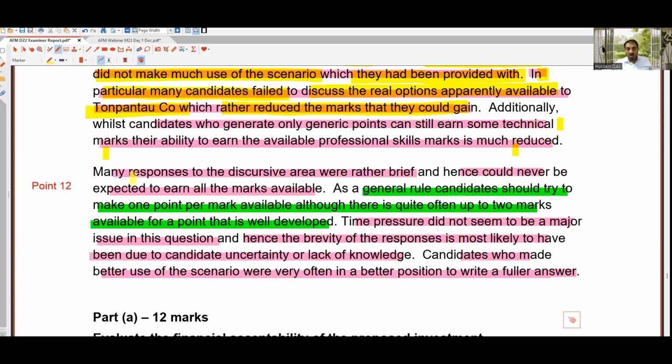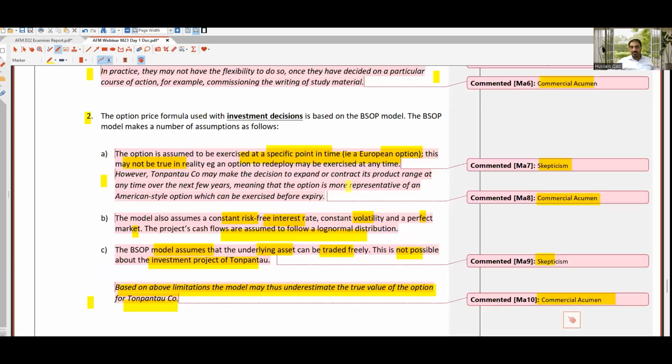Number two, many responses to the discursive area were brief. Brief means your sentence is incomplete. For example, if you say the option is assumed to be exercised at a specific time, European option, call option, this is incomplete. The complete sentence is, this may not be true in reality. For example, with the option to expand, one can exercise anytime.